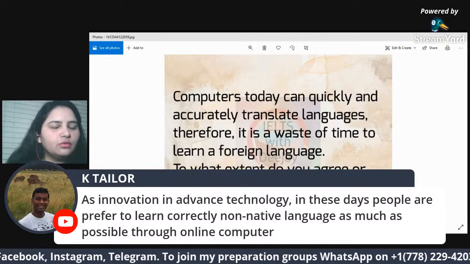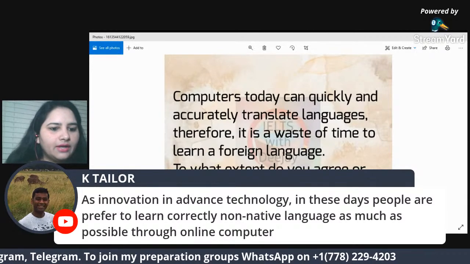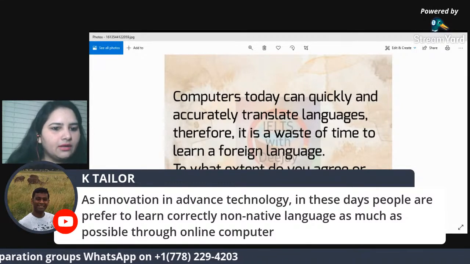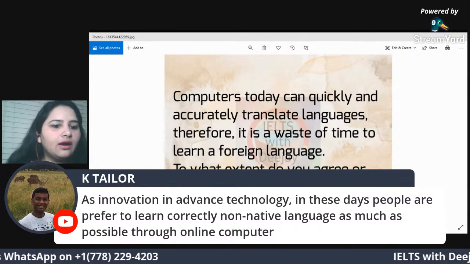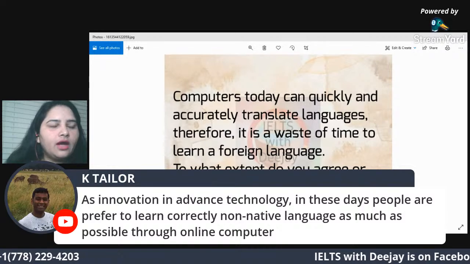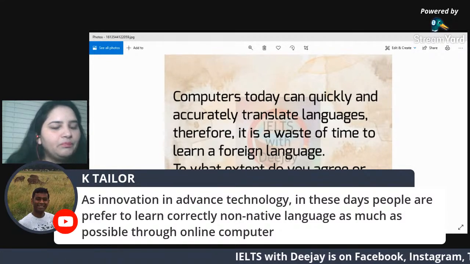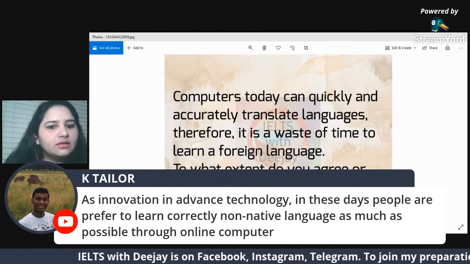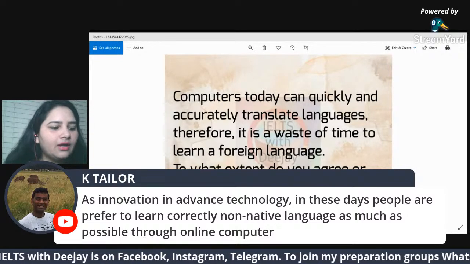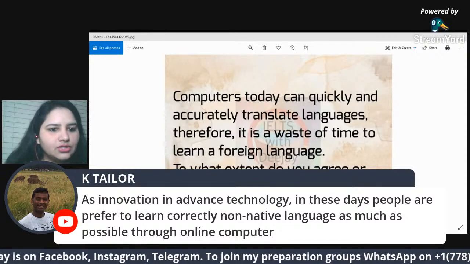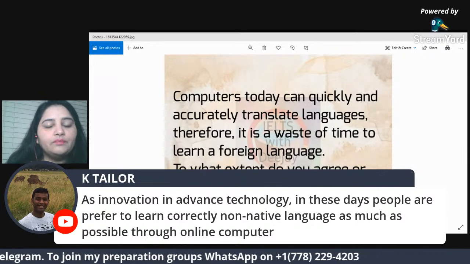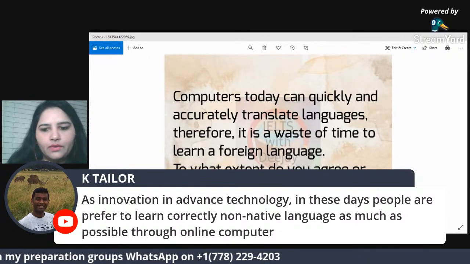In day-to-day life, when we come across any new word, we translate that and get the meaning in our language, suppose Hindi or Punjabi. So they are saying that when we are getting the translation from the computers, there is no need to learn a foreign language. This is the question. Okay.